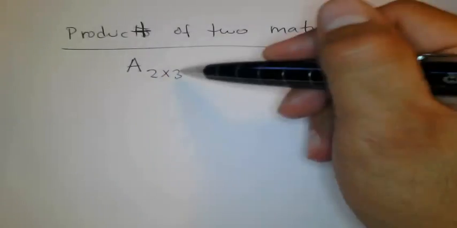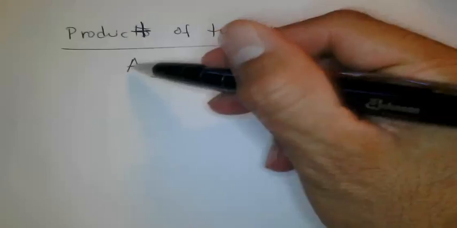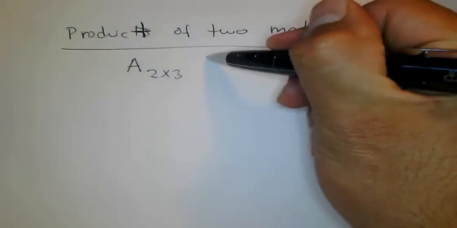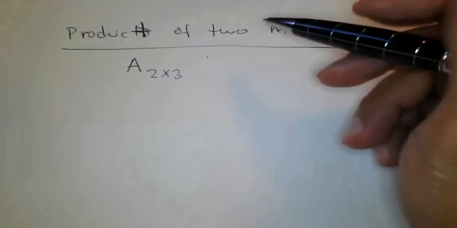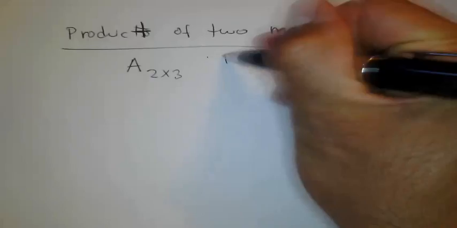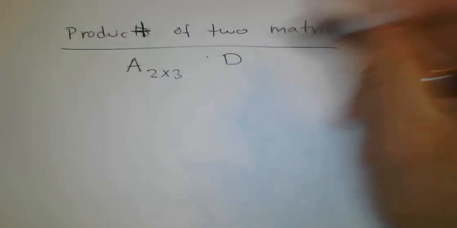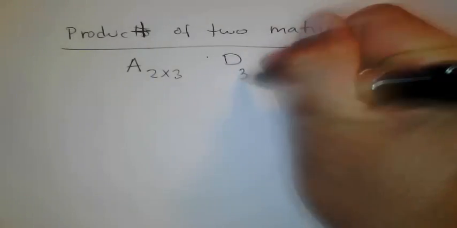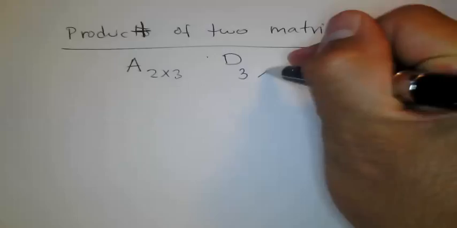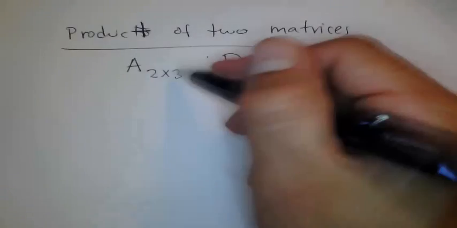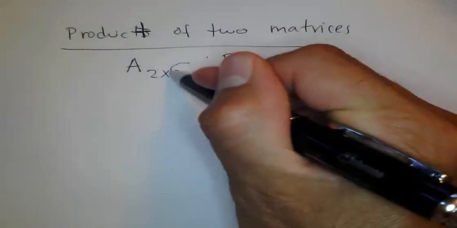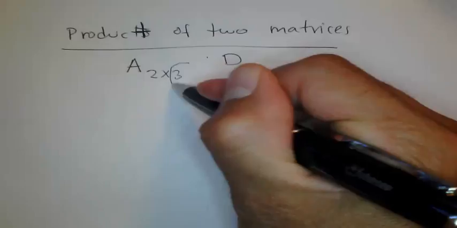So the columns of the first matrix need to be the same as the rows of the second matrix. Let's say that we have a D matrix, and the D matrix is size 3 by something, so these two numbers need to match.